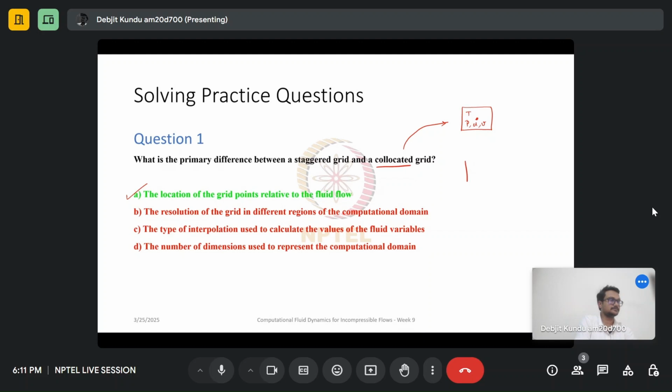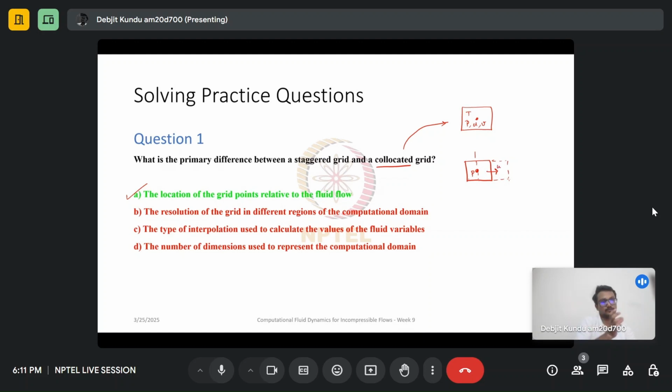Whereas in a staggered grid, we save the pressure and other scalars in the cell center, whereas we shift the velocity vectors in a different direction.